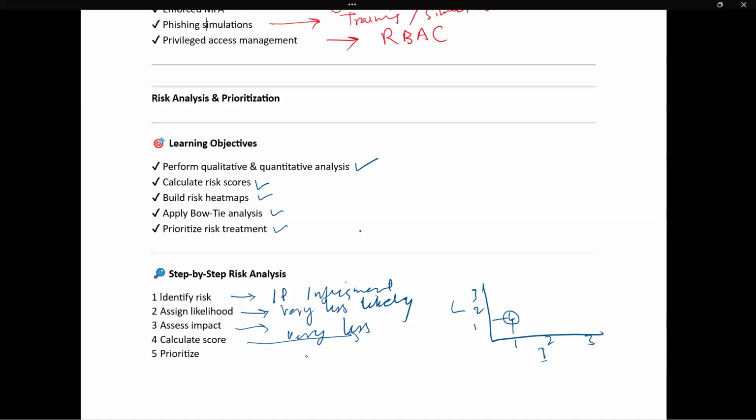So prioritize. Now you are not going to prioritize this risk first, because there would be many risks which will fall like this. There would be many other risks which will fall like this, or maybe they will fall like this.